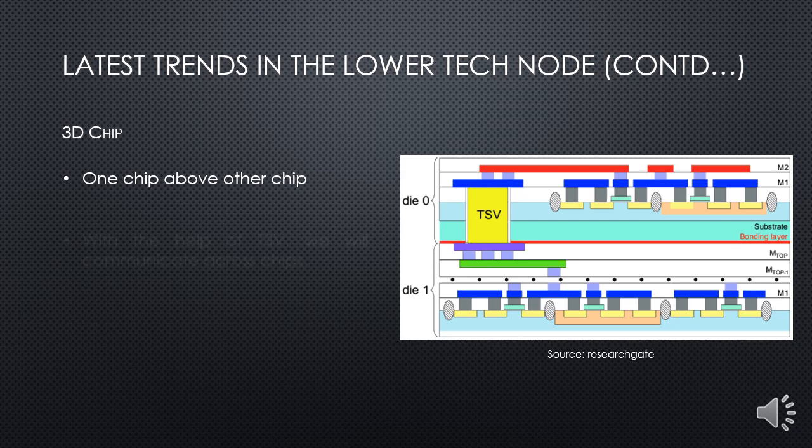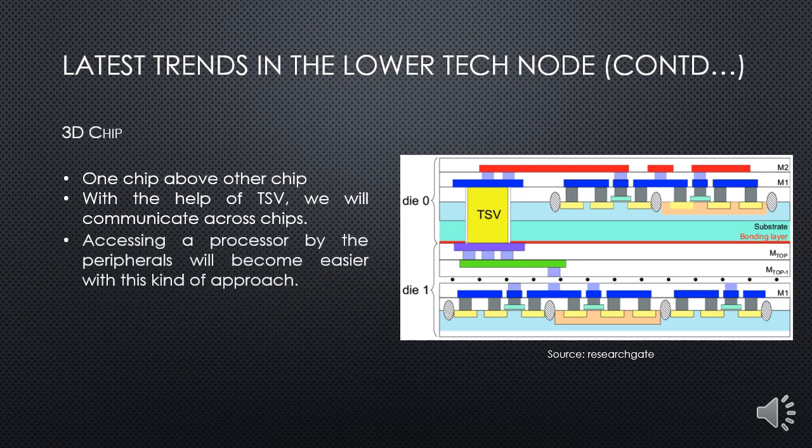If we have any communication from one die to the other die, or one chip to the other chip, we can make use of the TSV, which is nothing but through silicon via. With the help of TSVs, we enable communication from one die to the other die. Accessing a processor by the peripherals will become easier with this approach, because it need not go all the way through channels on the motherboard.